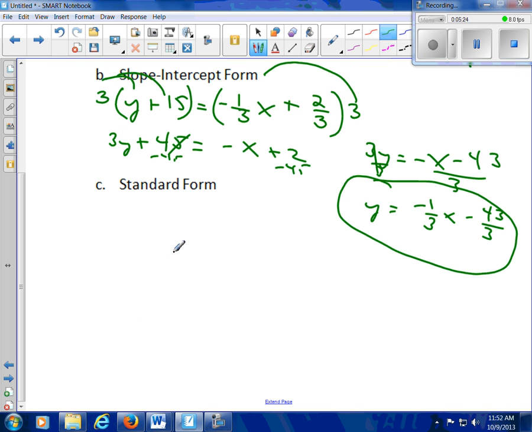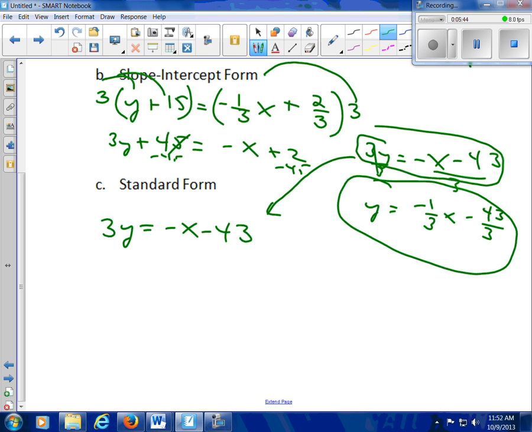Now to get it in standard form, I want to get it in the form ax plus by. So let me go back to where my equation didn't have any fractions, because I know in standard form there are no fractions. I'm going to borrow that from before I divided by the 3 to put it in slope-intercept form. I want to get x to the same side as y, not the 43.